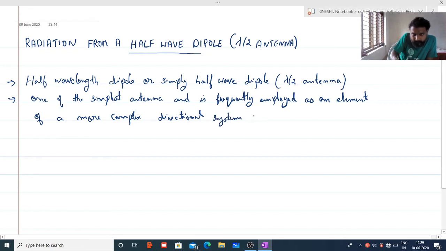An example of that is our antenna array.